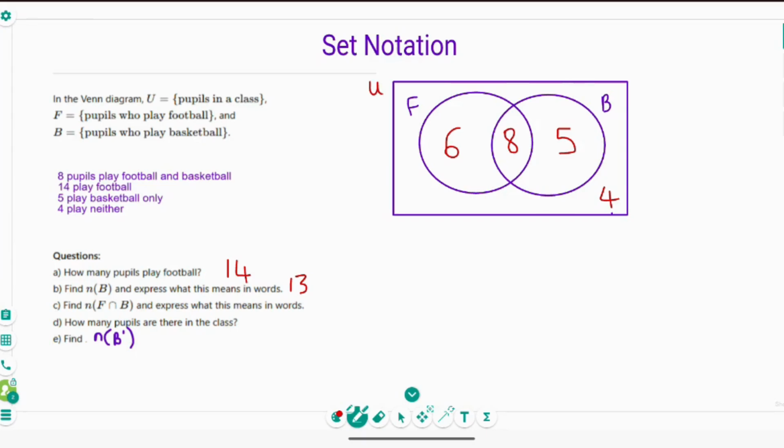How many pupils are in the class? Let's just add up all these values. 6 add 8 add 5 add 4, 23. Oop, I missed out C. So this means F intersect B. The bit in the overlap is 8. And it's the pupils that play both football and basketball.